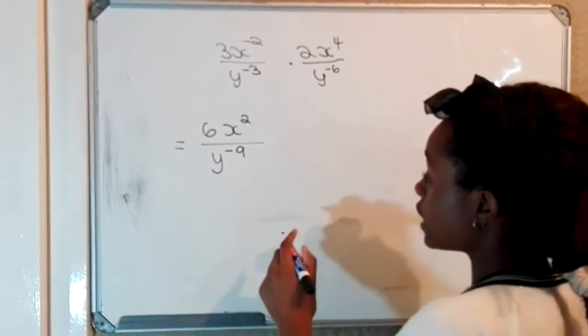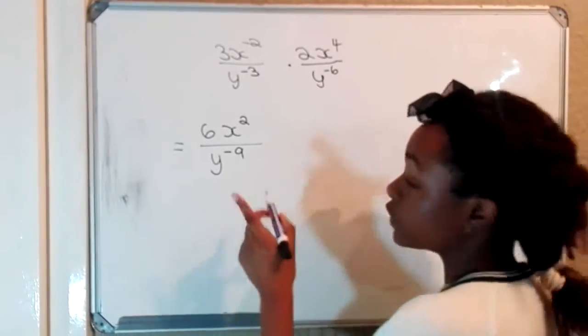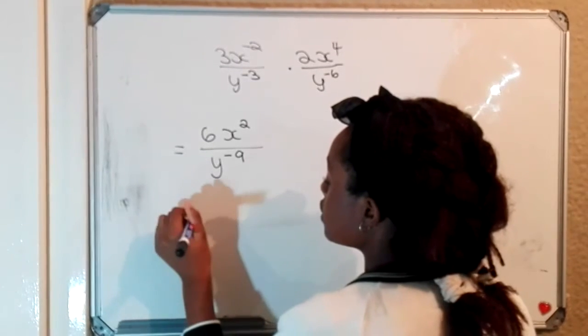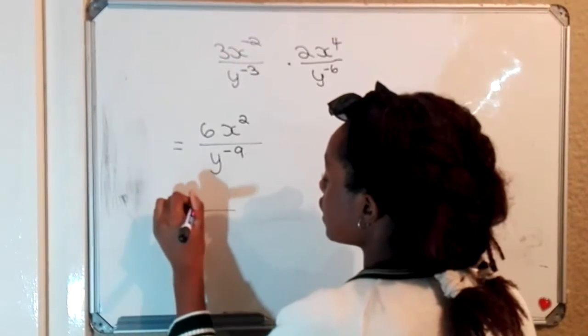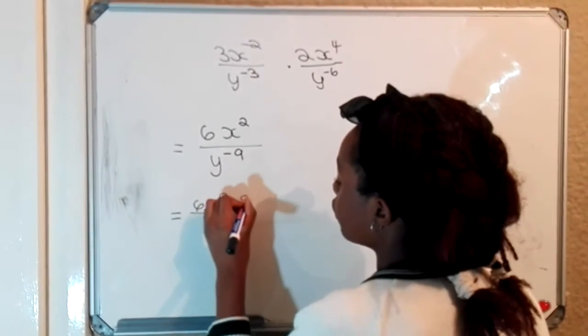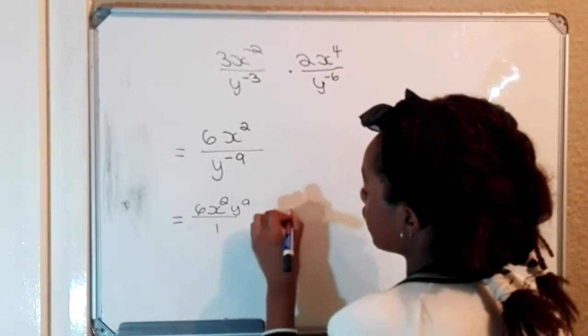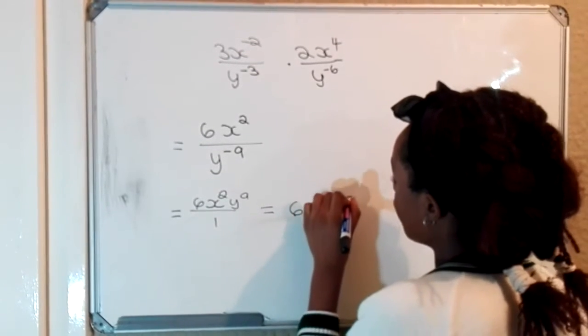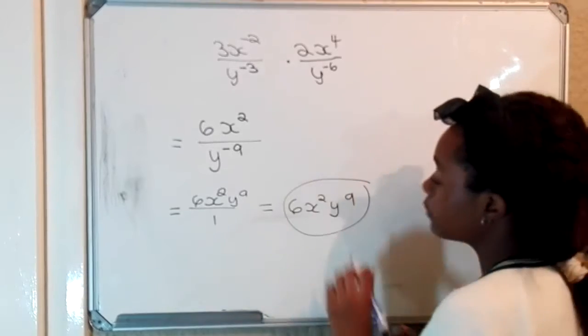Because I see that I have a negative exponent, I can move it to the top, okay? So I will have 6x squared y to the 9 over 1, which is the same as saying just 6x squared y to the power of 9. So this is our final answer, everybody, okay?